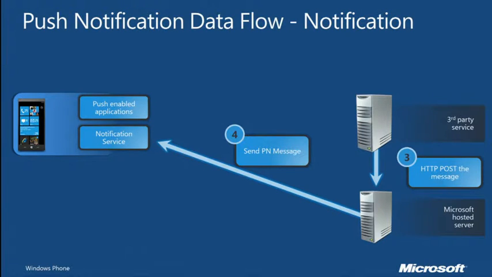Right now, if you use an unauthenticated channel, in other words, if you're not using HTTPS and a TLS certificate and so on, then you're limited to 500 messages per day per device, which is a lot of messages. I can't think of any scenarios where you would do more than that. If you're sending 500 messages per day to one device, the 500th won't get there because the battery will be drained by then. So yes, there is a limit.